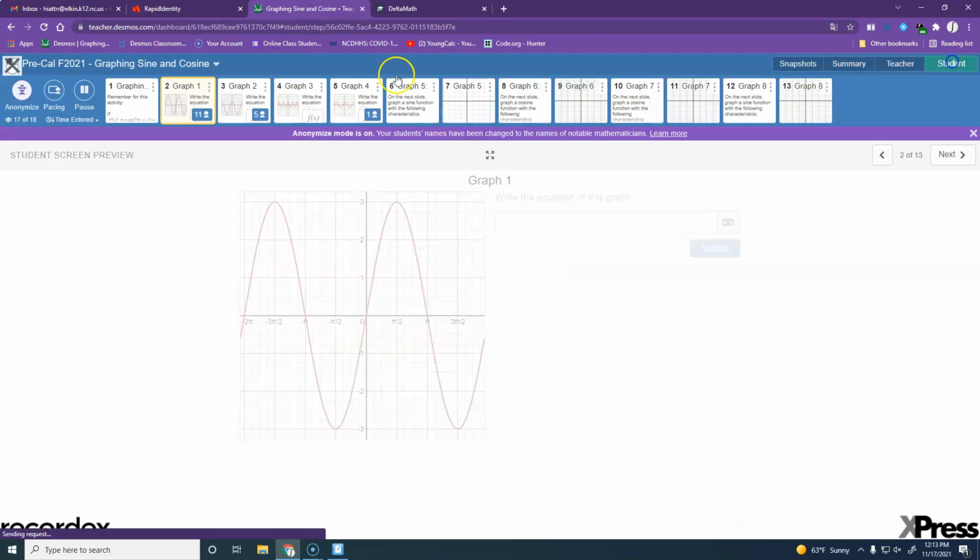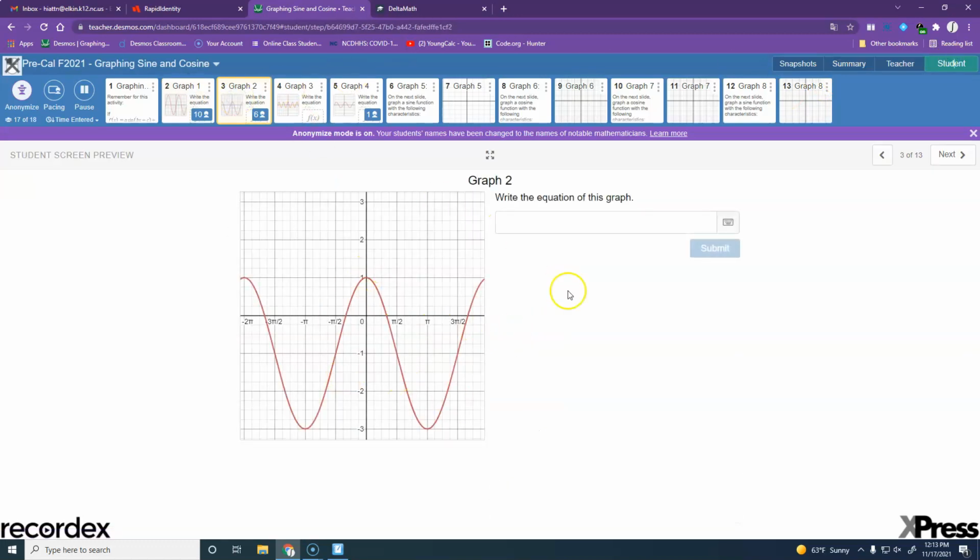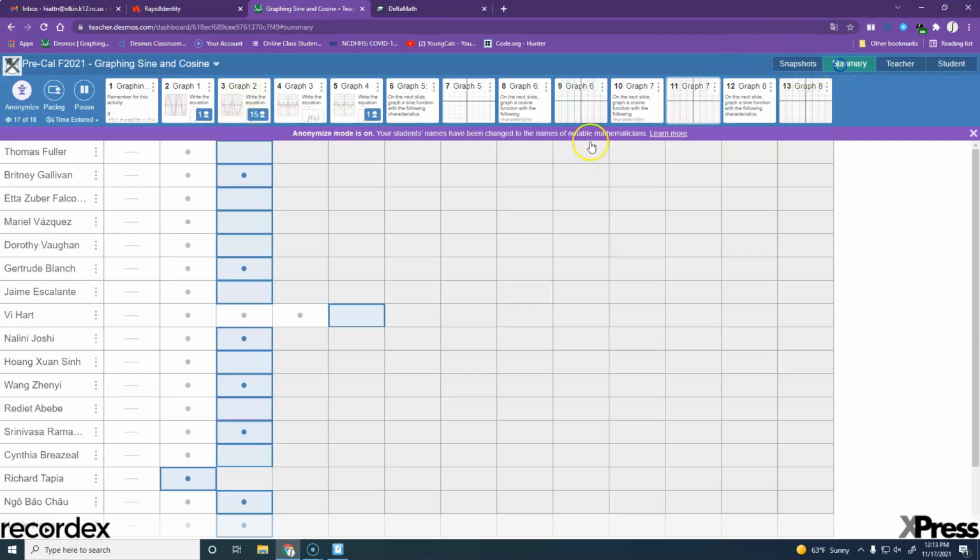All right, go to this next one, and I want you to give me the equation for this graph. In fact, let's do one at a time.